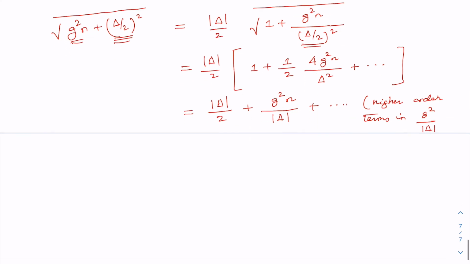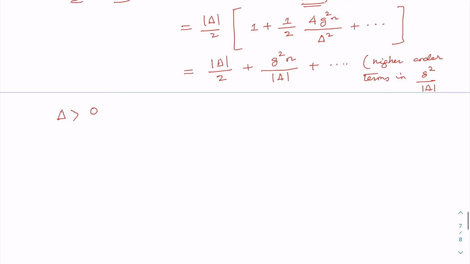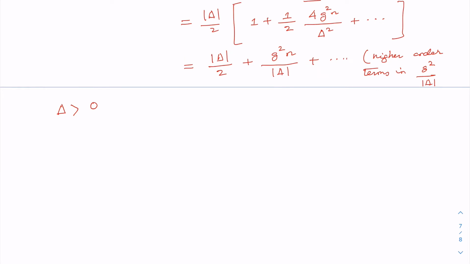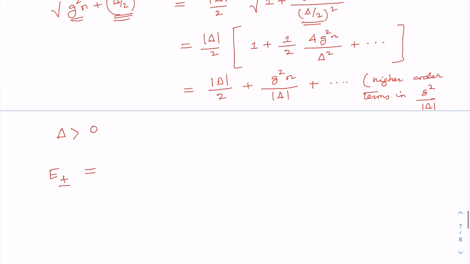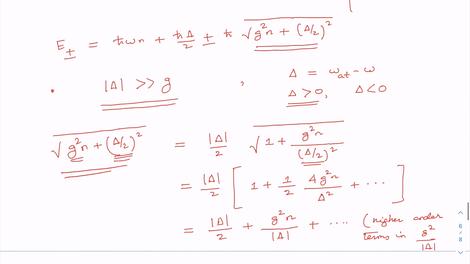Okay, so now as I said, for simplicity we are going to take Δ greater than 0, this detuning parameter. Then I can write my new energy level E plus minus. I just have to put this expression, this form here.